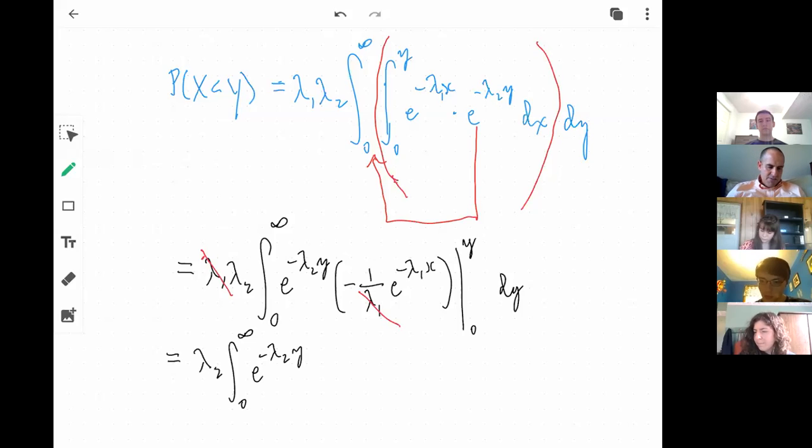Negative e to the minus lambda 1y minus negative, which is plus 1. So really this is going to be 1 minus e to the minus lambda 1y, and this is dy. Well, that's interesting.